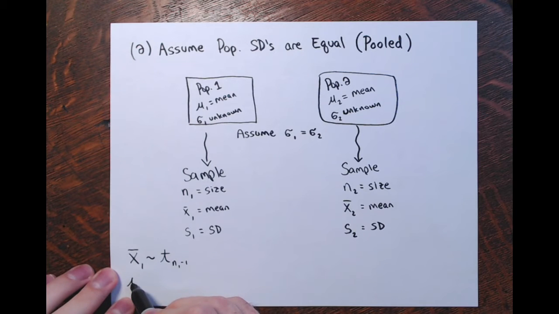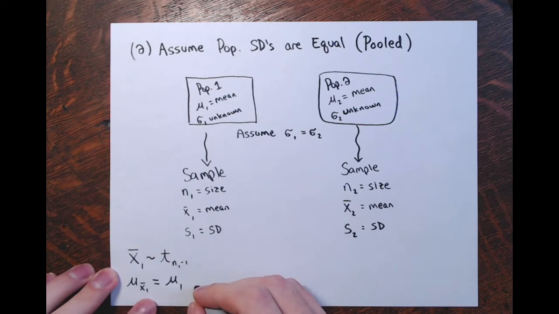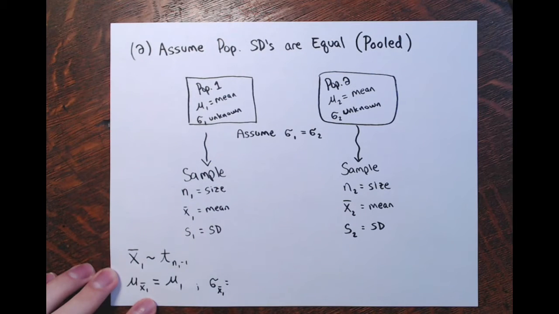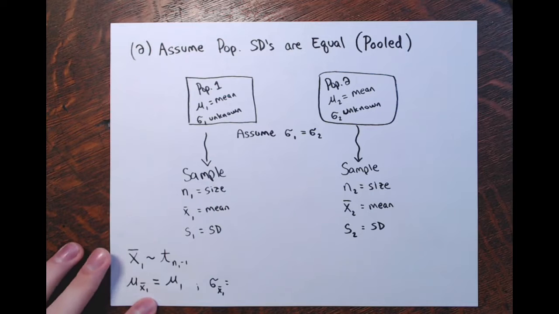And the mean of these sample means, the mean of these x1 bars for samples of size n1, would be the mean of the population, mu1. And the standard deviation of these x1 bars would be the standard deviation of the population divided by the square root of the sample size.